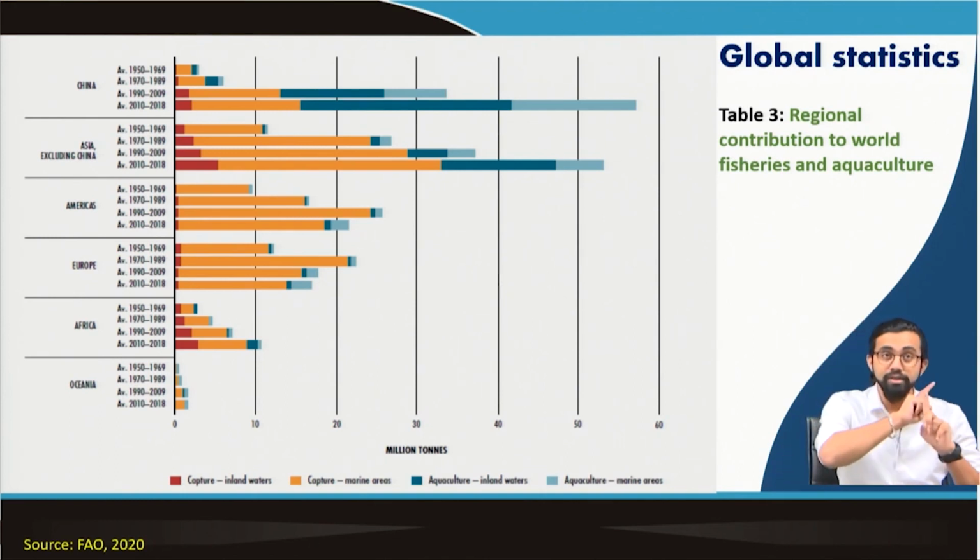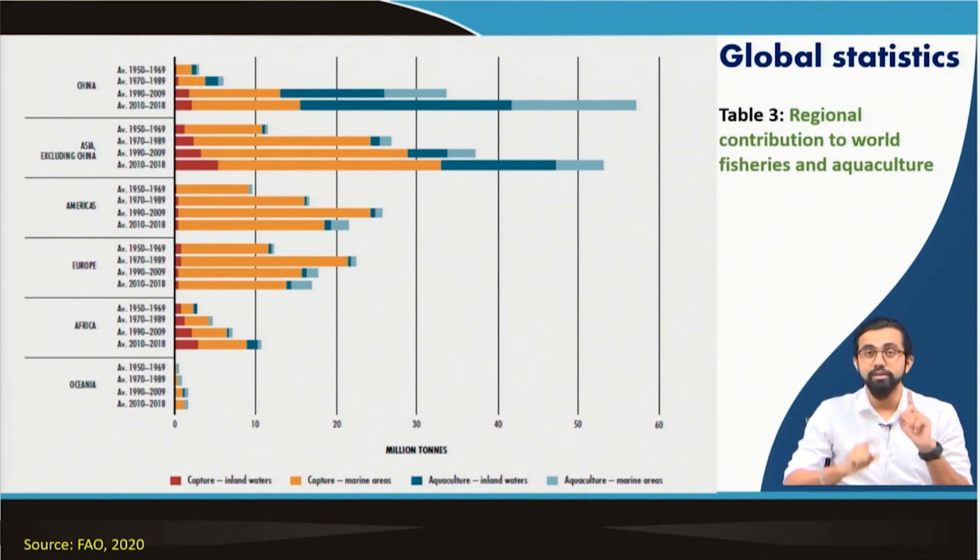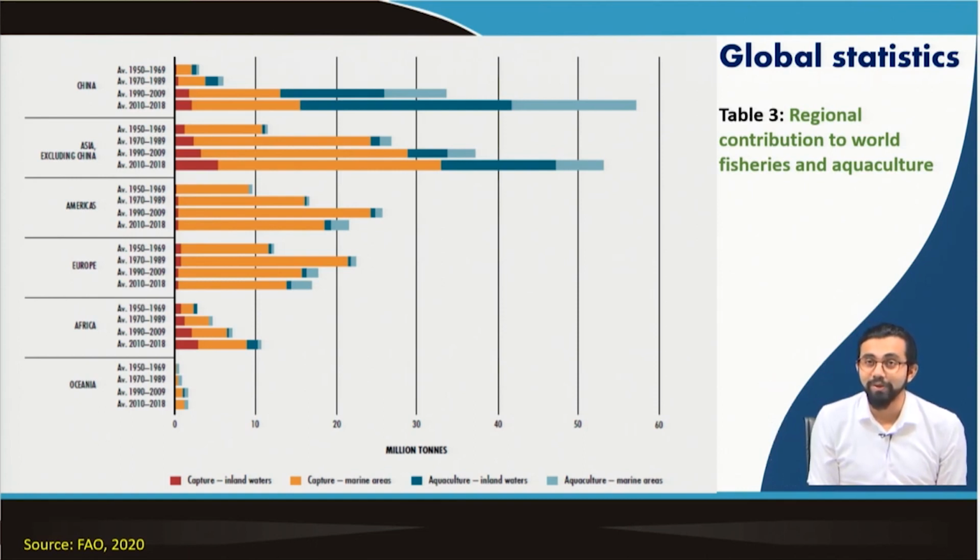But now China is dominating like anything. It has surpassed all the other countries, and it is almost beyond reach right now in the aquaculture industry. But still, that's why India is also focusing on it, and it has a lot of opportunity. People really can do that in the Indian scenario. India has the capacity to reach that stage. That's why people and the government are working on it.